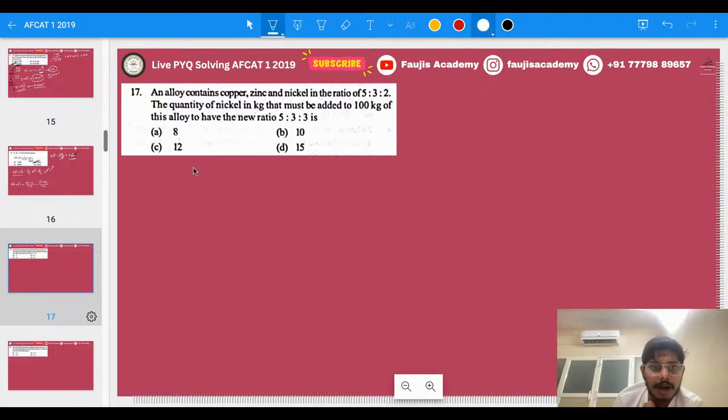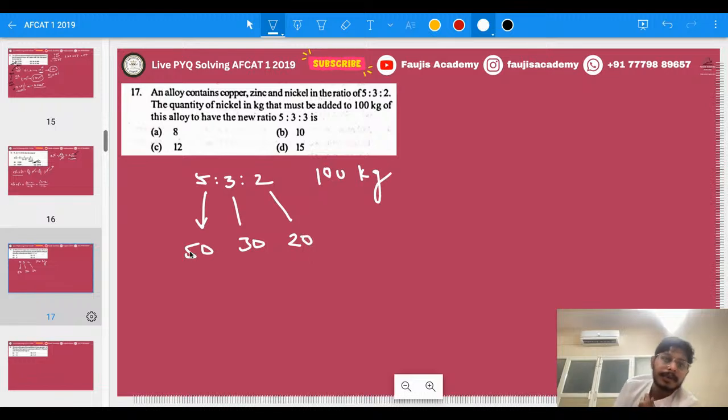100 kgs of alloy is there, and they're in the ratio of 5 is to 3 is to 2, right? If 100 kgs of alloy is there, that means this particular value, your copper is 50, zinc is 30, and nickel is how much? 20, right?